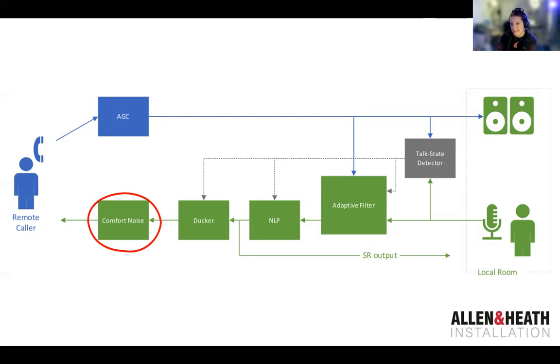AHM versus others' AEC. I mean, obviously AHM is the best, but I haven't listened to Biamp's AEC personally, so I can't tell you. I haven't done an A/B back to back, but I'm more trusting of ours again because we've developed a separate processor specifically to do this job.